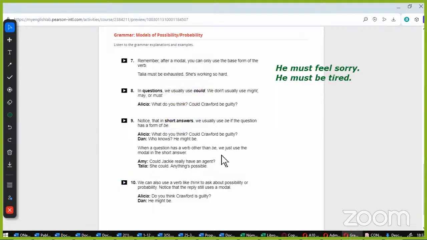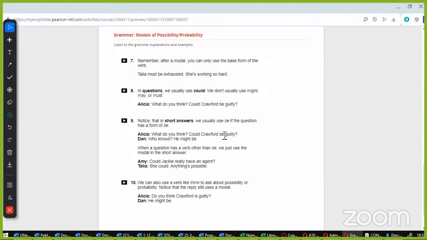When you're using a modal, I think that yes, it will be the base form.